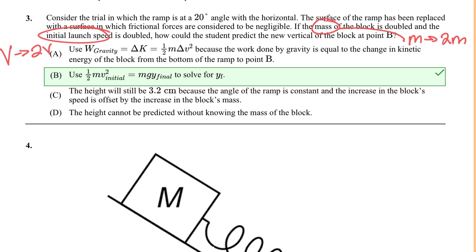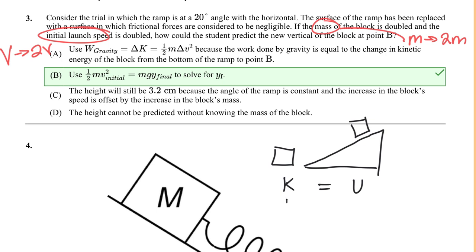So if we wanted to find the vertical height of point B, right here, I already know that I can use my conservation of energy equations. So if I use my conservation of energy equations, I have 1/2 mv squared equals mgh. Those are my equations.